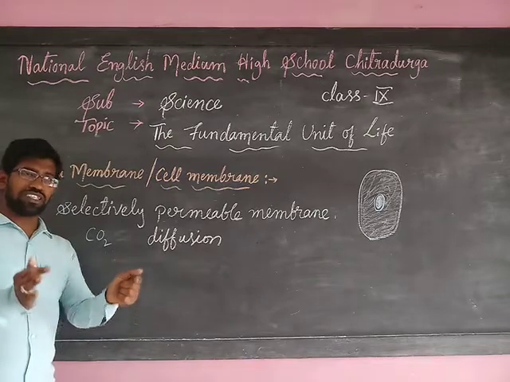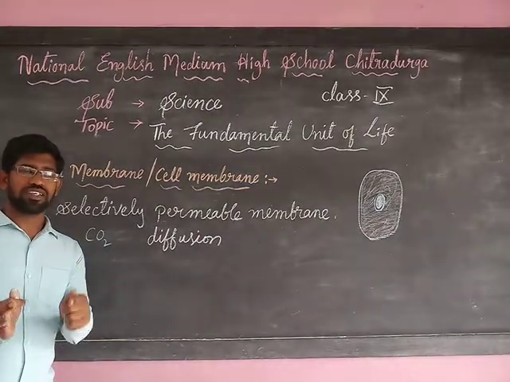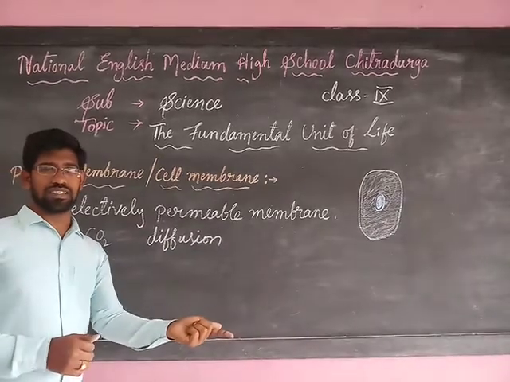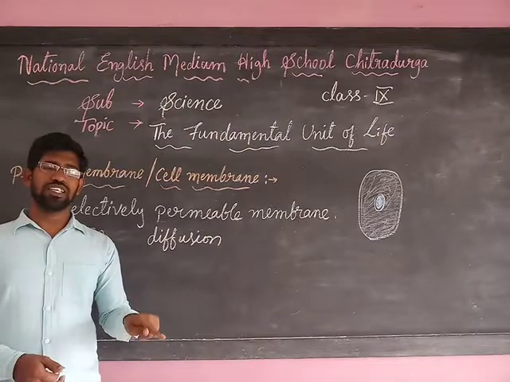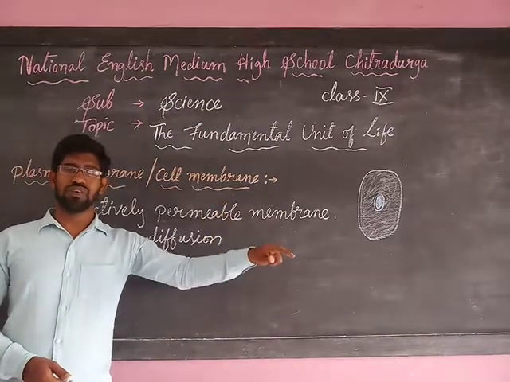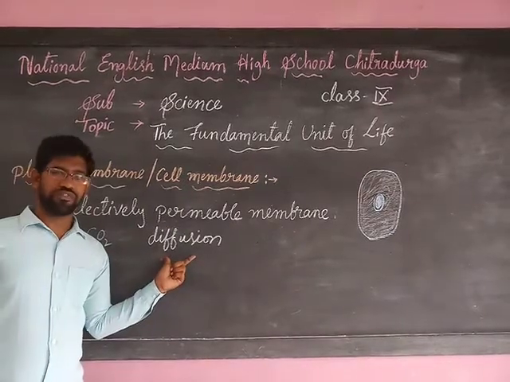The concentration of carbon dioxide is high within the cell, and carbon dioxide is less outside the cell. So that's why from inside the cell it will easily move out of the cell where the concentration is low. This process is called diffusion.